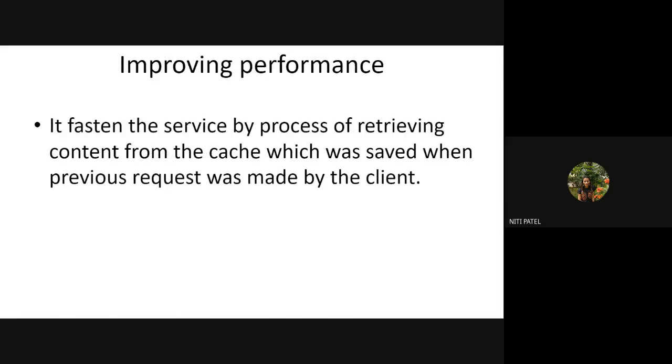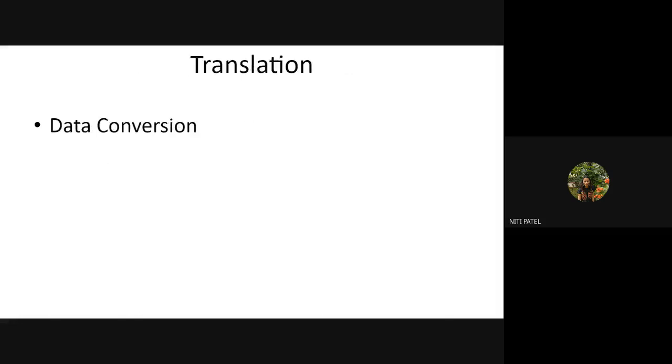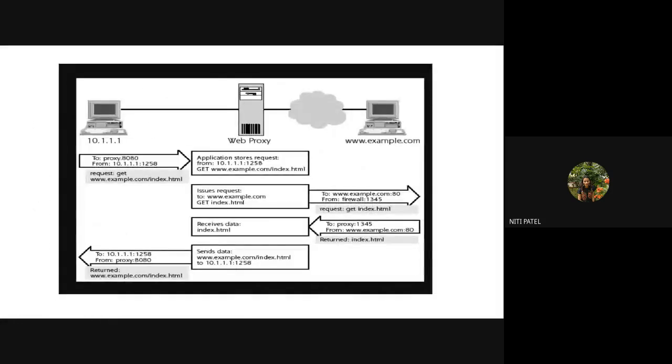And it is used for improving the performance. How is it used for improving the performance? It speeds up the service by retrieving the content from the cache, which was saved when the previous request was made by the client. Now, if you again see the diagram, what was happening? 10.1.1 requested www.example.com. Now the server has already sent this site to the proxy server.